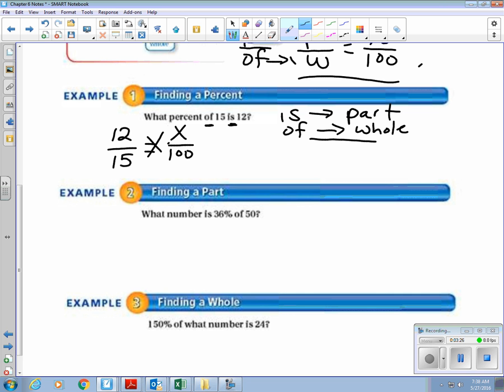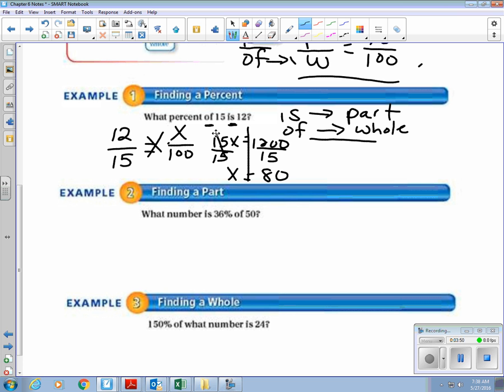So when I cross multiply, I'm going to get 15x is equal to 12 times 100 is 1,200. And then I can go ahead and solve this by dividing by 15 on both sides. And 15s will cancel out, and I'm left with x is equal to 1,200 divided by 15 is 80.